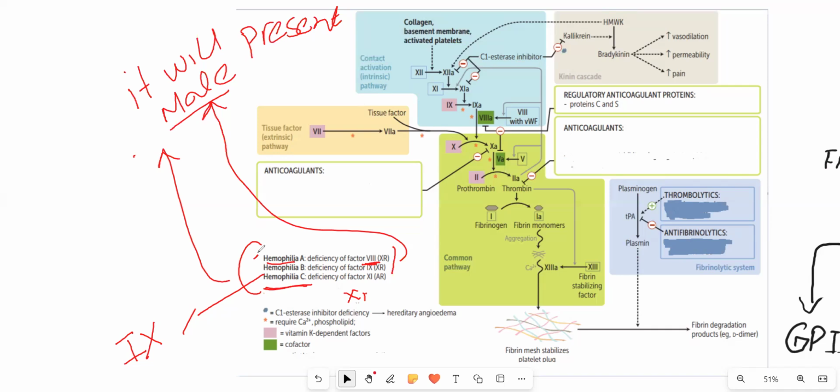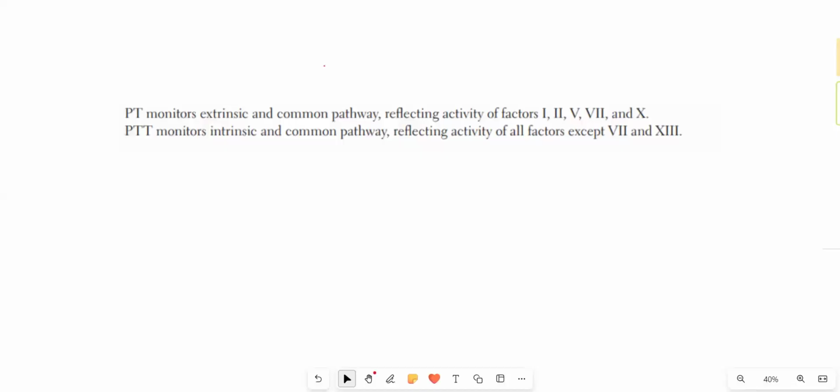Okay, hemophilia A increases the APTT. We will discuss these two things, PT and APTT, in detail. Okay, let's discuss PT. The PT monitors the extrinsic and common pathway that we discussed already.